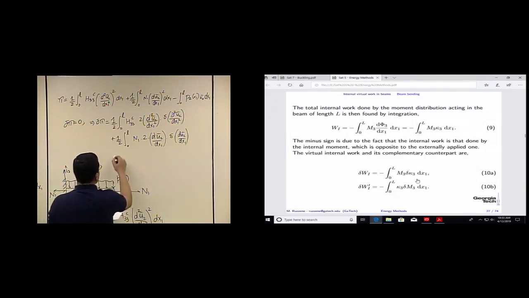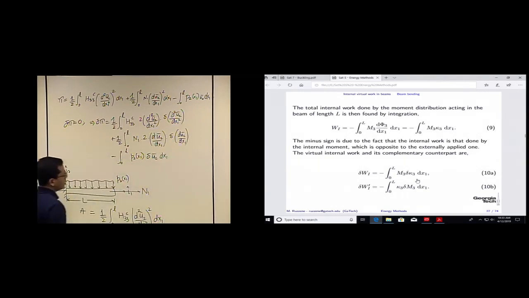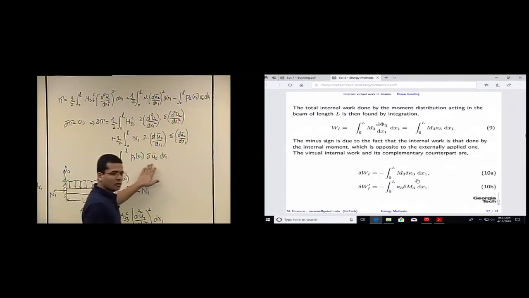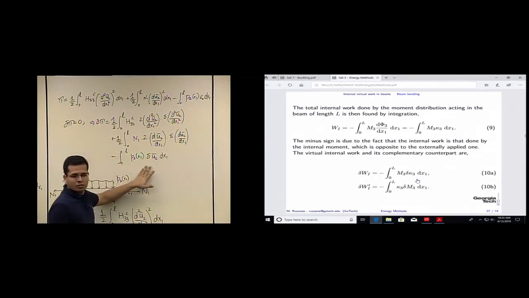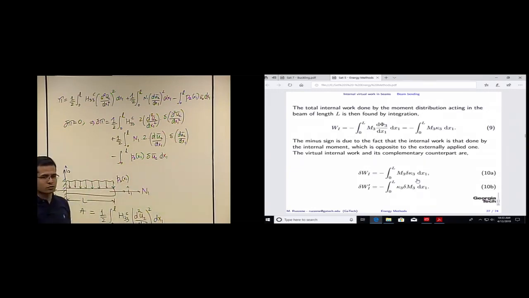And then you have the third term, which is integration 0 to L p2(x1) times the variation of u2 dx1, because there is no squared term here, so I just took the variation of u2.